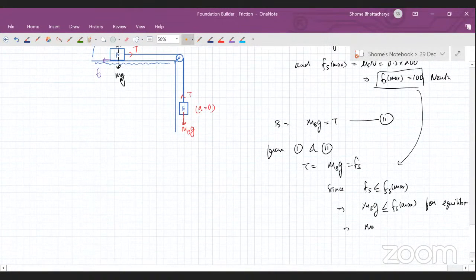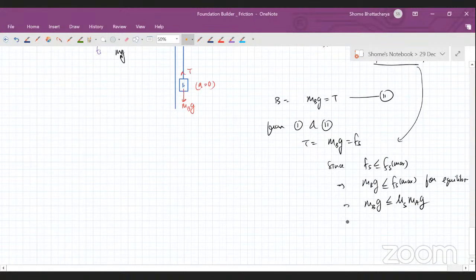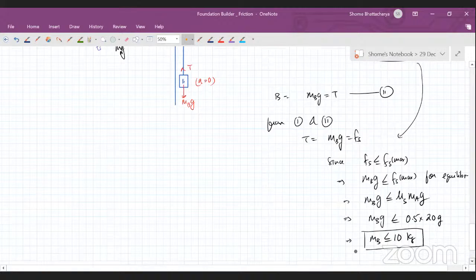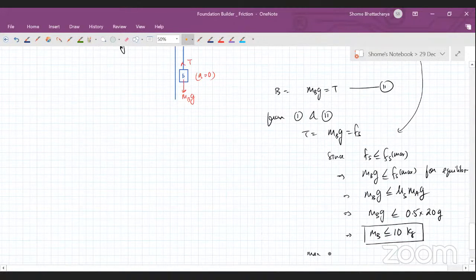So the maximum possible mass of B for the equilibrium condition, for the situation where there is no slipping.